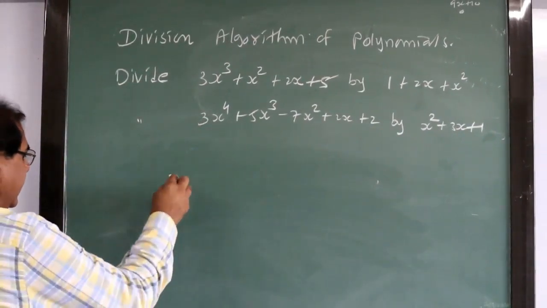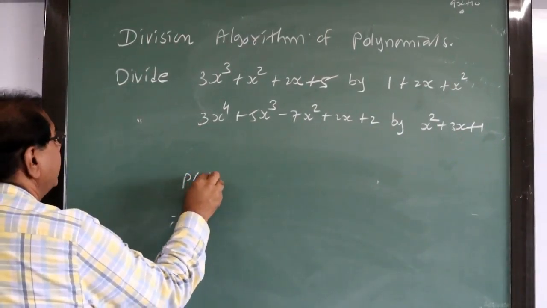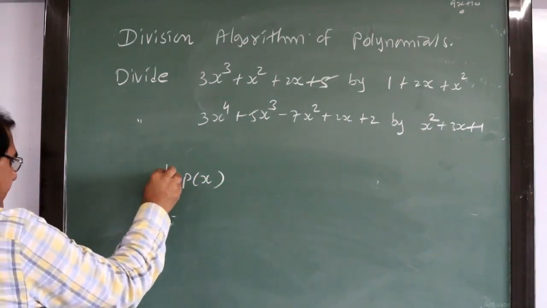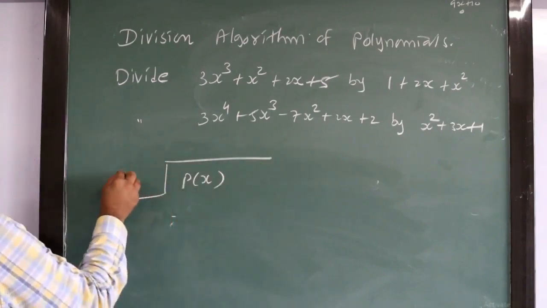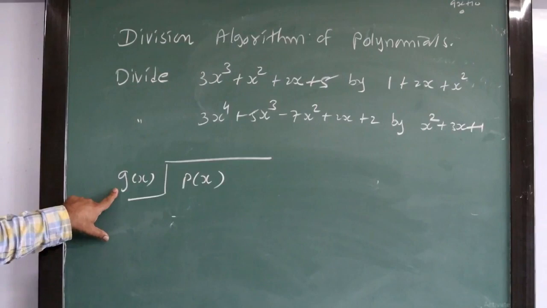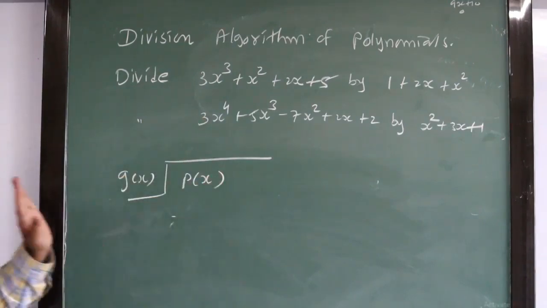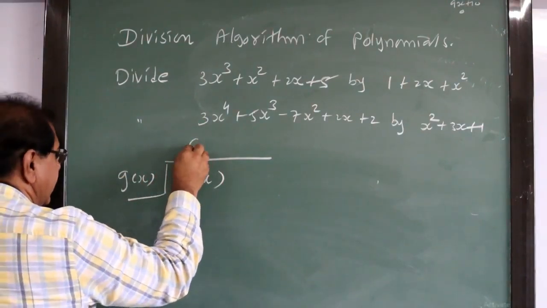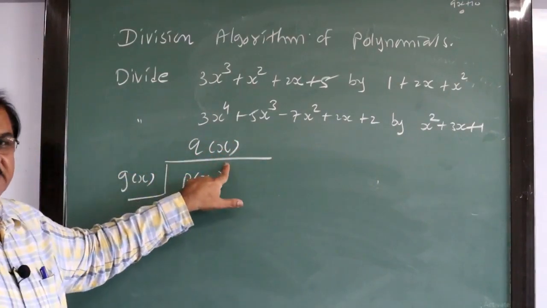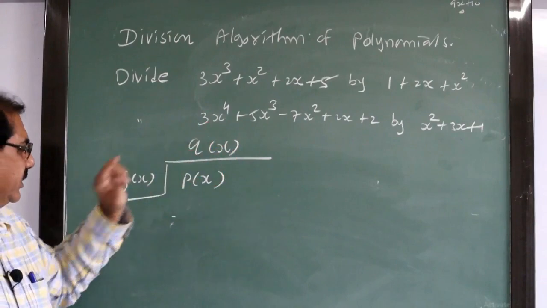Suppose the dividend polynomial is p of x, containing x as the variable. It is divided by a polynomial g of x, the divisor polynomial. Then when we calculate the division, what we get as the quotient we call q of x, the quotient polynomial.